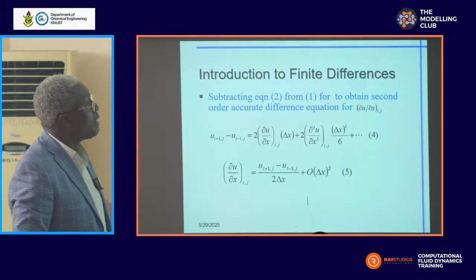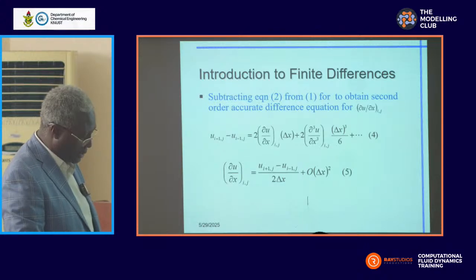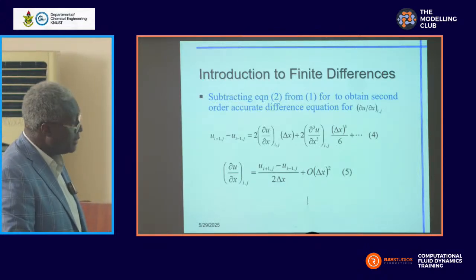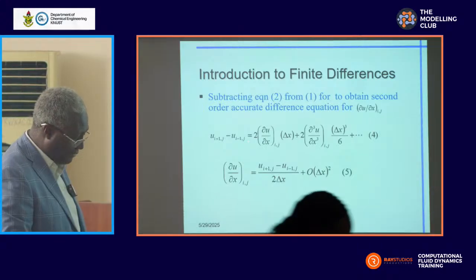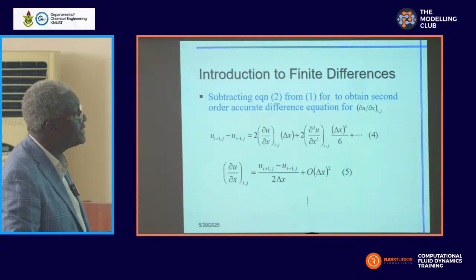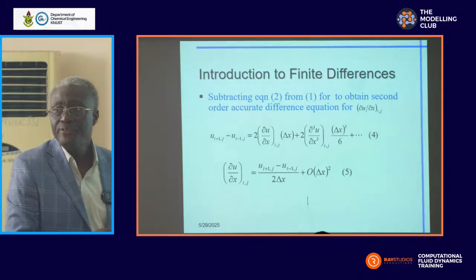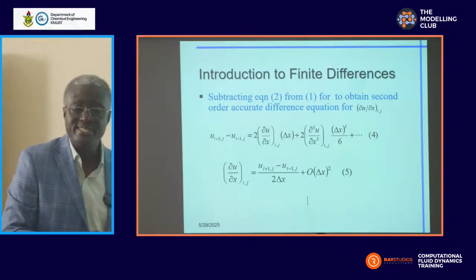Now, another approach to coming up with the derivatives in our finite difference equation is to use either the backward difference or the central differences.